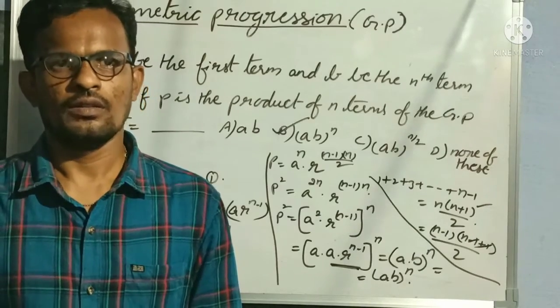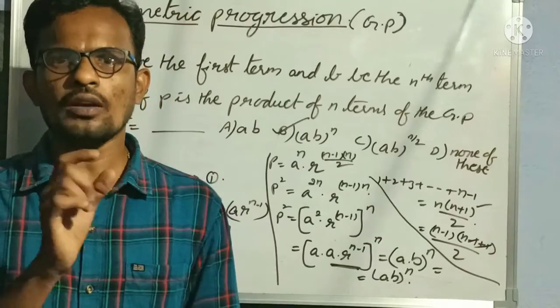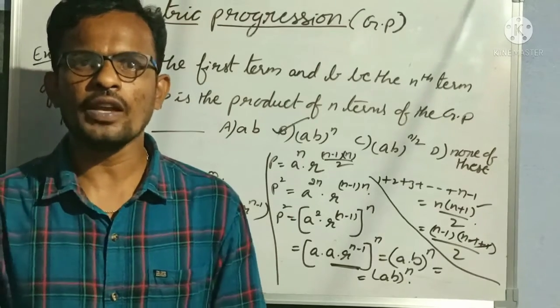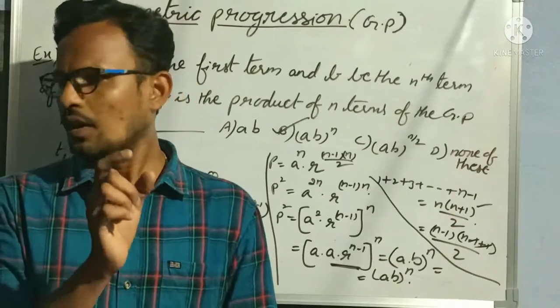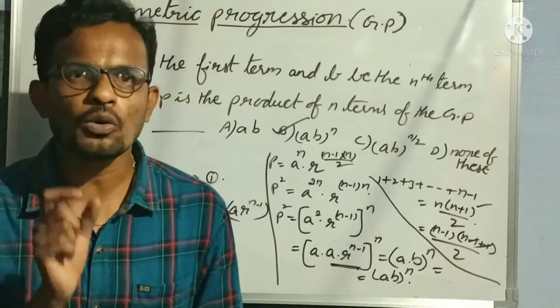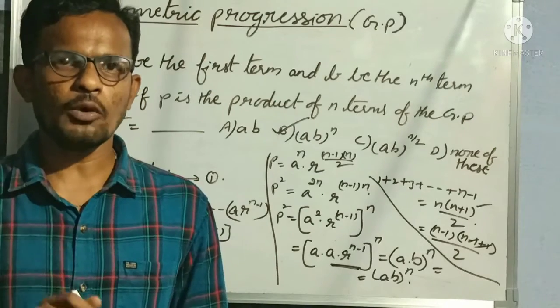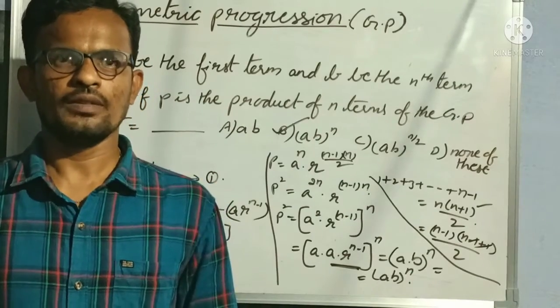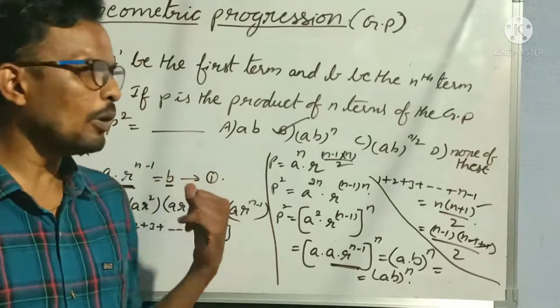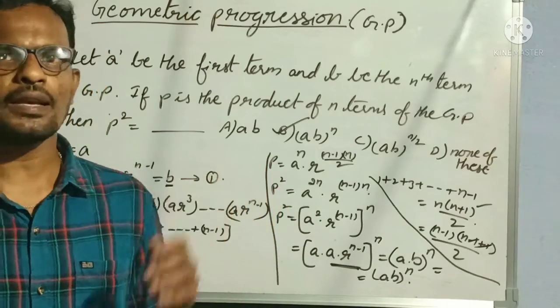Understood? When the common ratio between terms of a sequence is same, then only we can say those numbers are in geometric progression. Along with that, I have explained the general term of geometric progression, and afterwards this simple example which will be useful for you to solve your remaining example problems related to this.